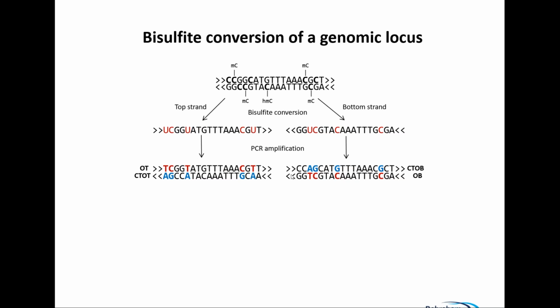And now by PCR, we also regenerated complementary strands. So CTOB would stand for complementary to OB, and complementary to the top strand, marked here in blue. And now you can probably appreciate that all these 4 sequences we are now getting are different in the sequence to the actual original genomic locus.